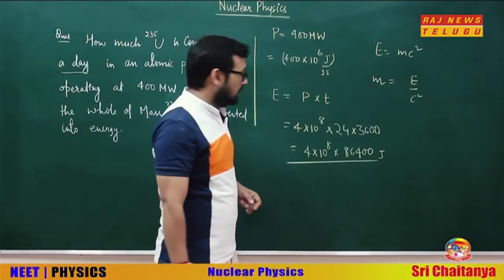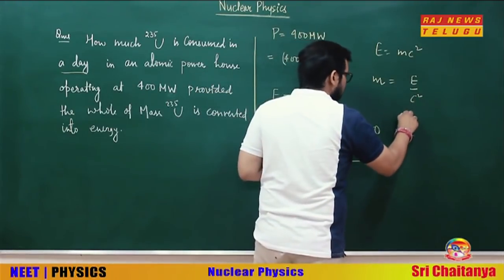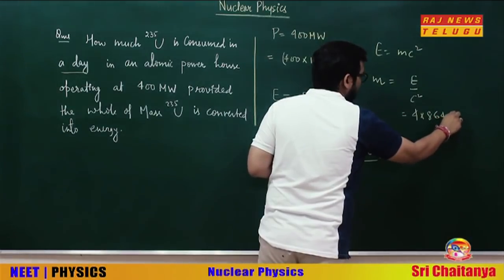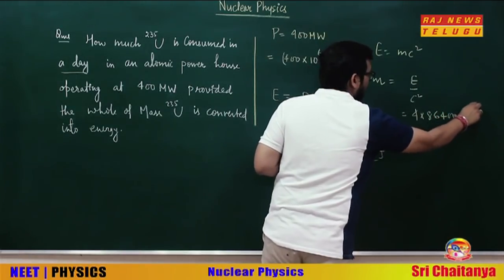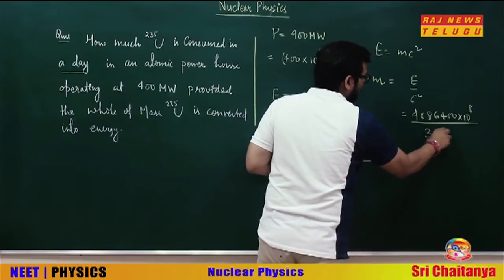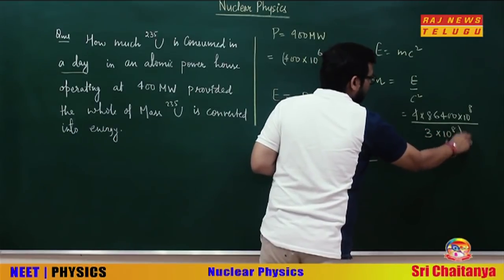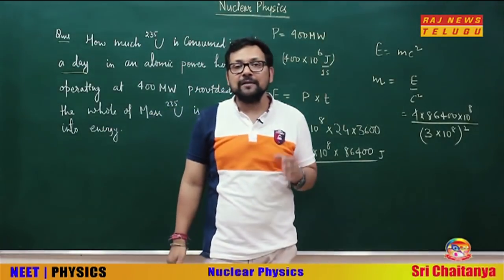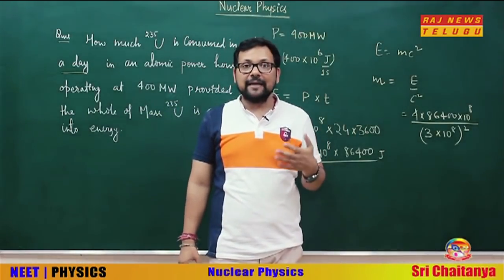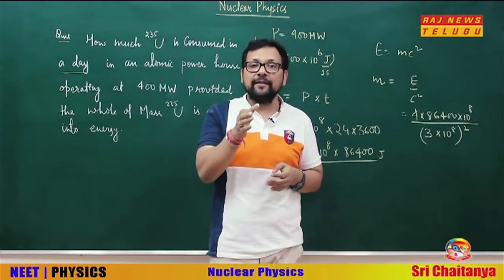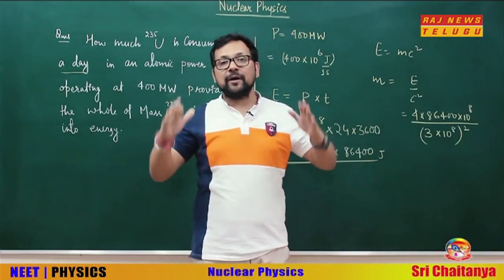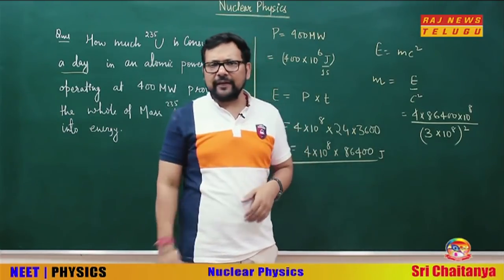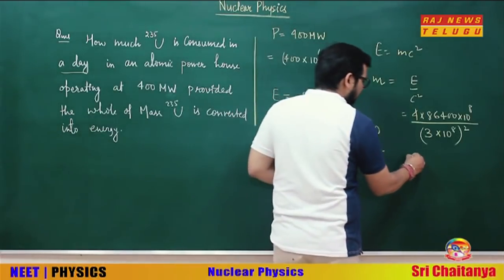E is 4 into 86,400 into 10 raised to power 8, upon (3 into 10 raised to power 8) square. This is the mass of uranium that is being converted into energy to produce a power of 400 megawatt in a day.